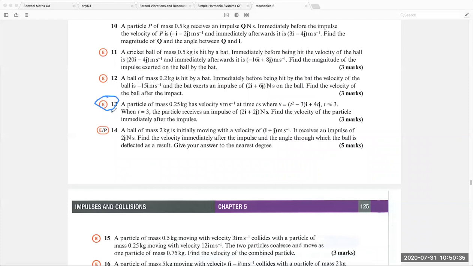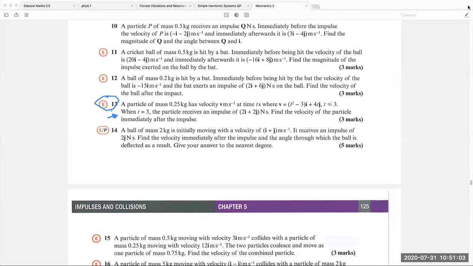So when t equals 3, it receives an impulse. Okay, we can start now.